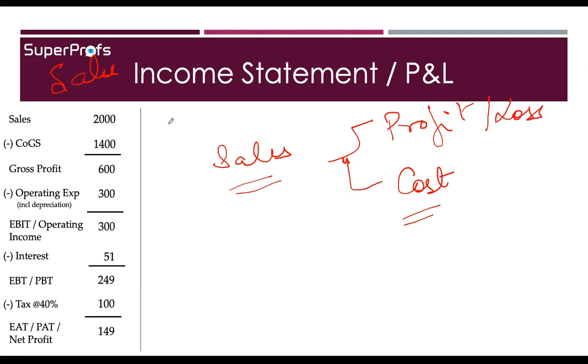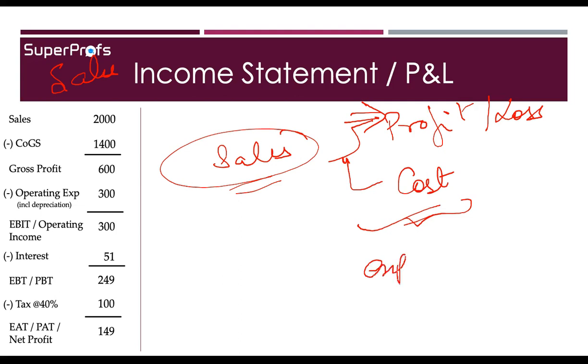So the ratios that we are going to talk about now will be discussing the profitability or the loss in terms of sales or the expenses, with respect to your sales.